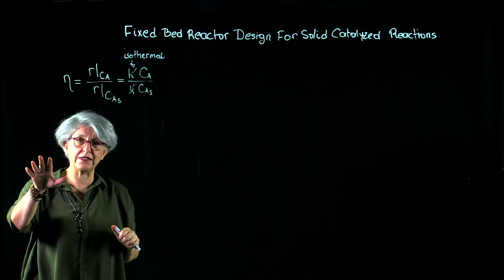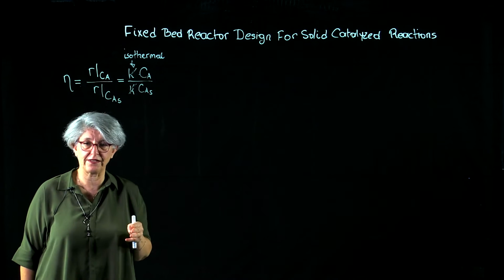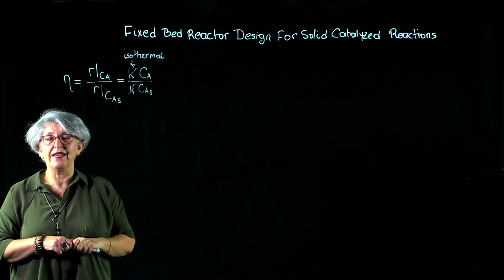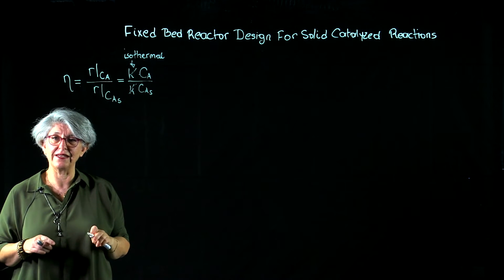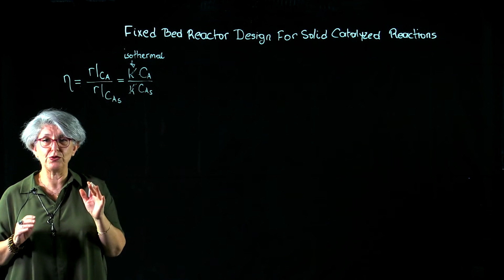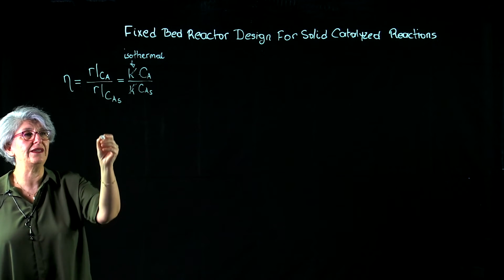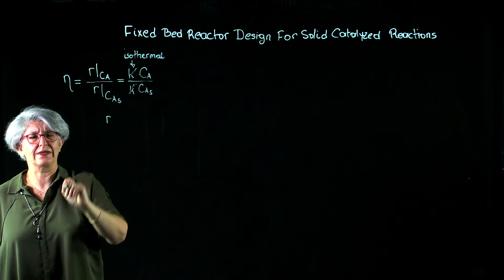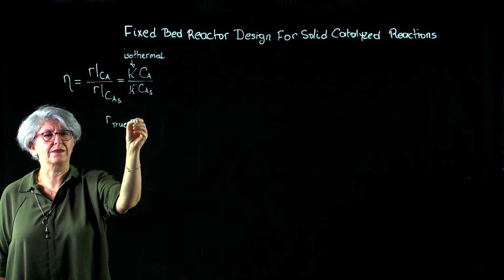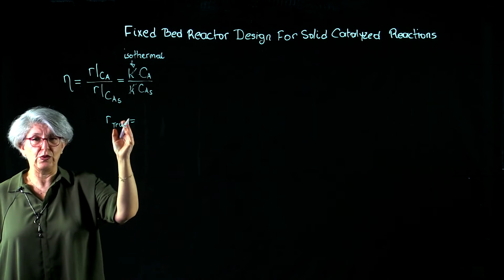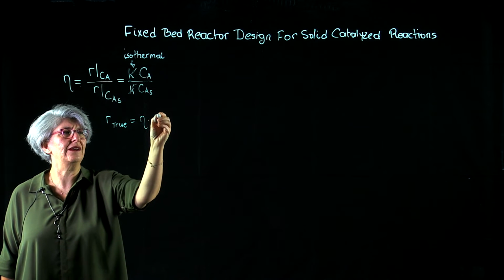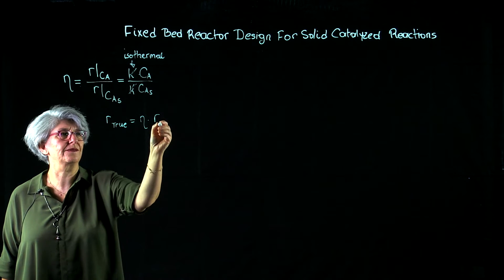Now, under such conditions of the effectiveness factors, and also in non-isothermal situations, our design is going to proceed as follows. We're going to take our rate, the true rate, which is going to be equal to the effectiveness factor times the idealized rate.